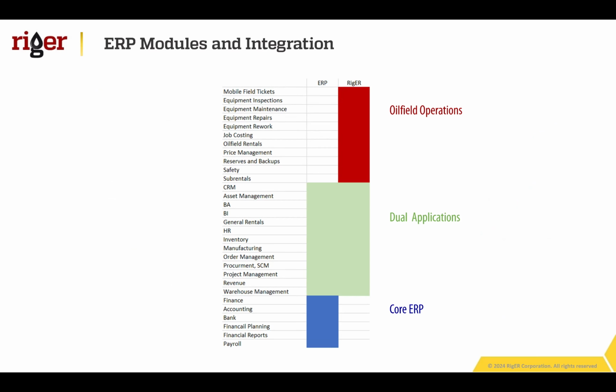Another dual application could be a purchase module. You can run purchases in ERP or you can run purchases in RigER. There are pros and cons, but again, it depends on the company structure and company goals.